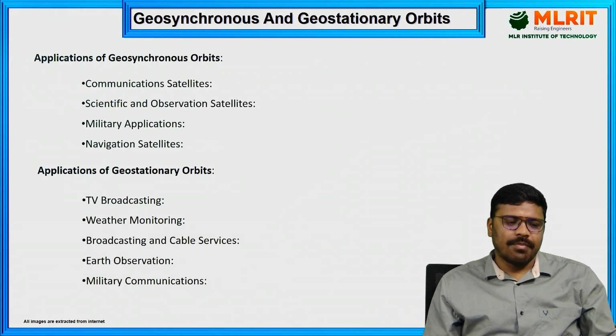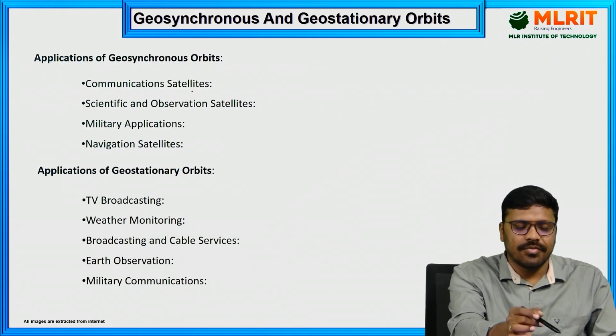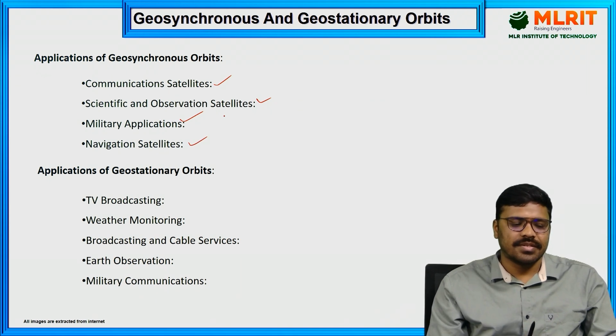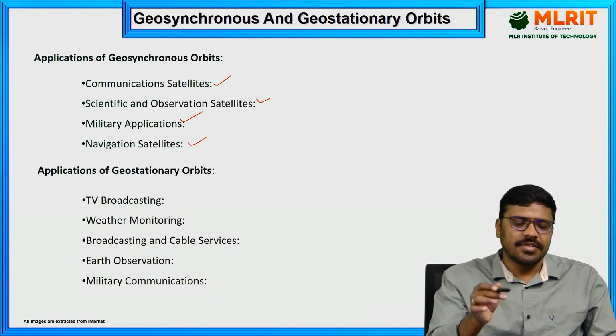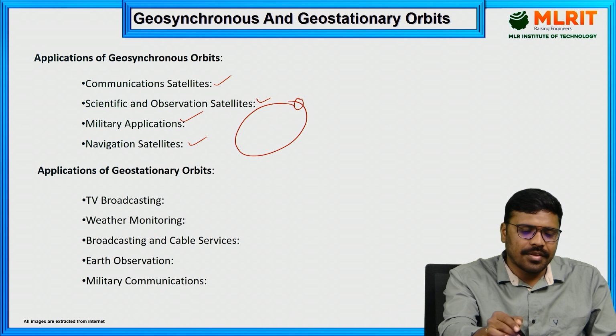Coming to the applications. In geosynchronous orbit, we use communication satellites, scientific and observation satellites, military applications, and navigation satellites. Geosynchronous orbit repeats its position at a particular time on the Earth.